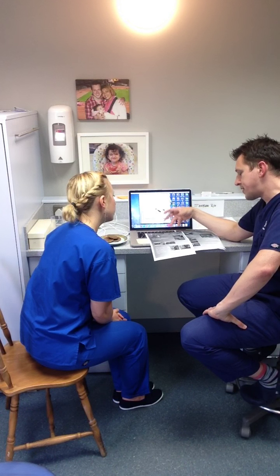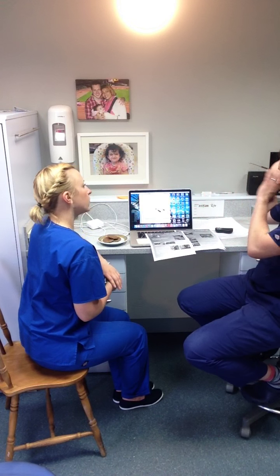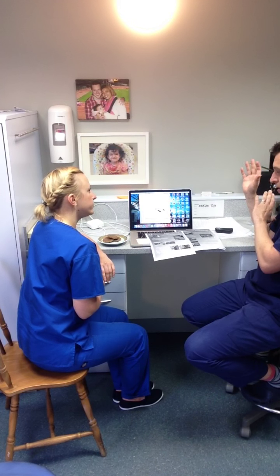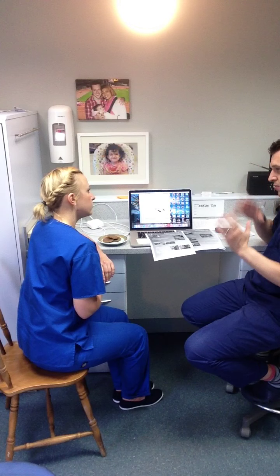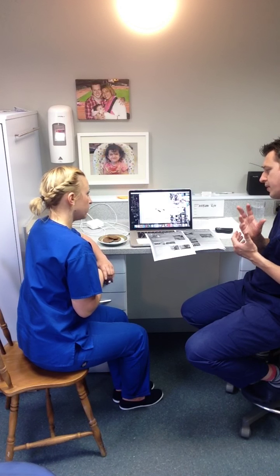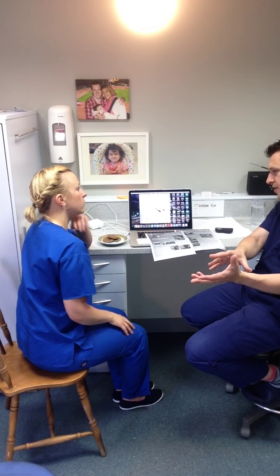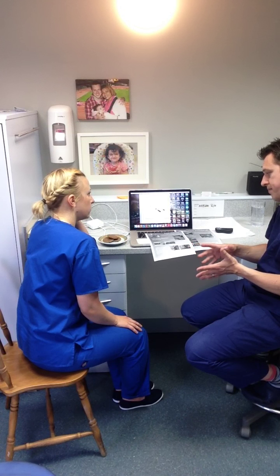So you take your clean, dirty instrument box from the decontamination room. You've got to imagine that it's already been cleaned in the decontamination room. You're bringing a dirty box into a clean area, so you want the outside of the box to be clean. So you're bringing that into the surgery environment. You put your gloves on, and then transfer those dirty instruments from your sink to your dirty box.